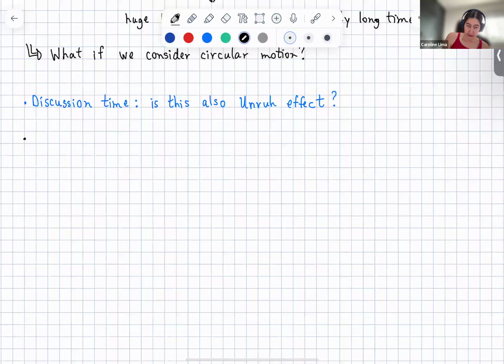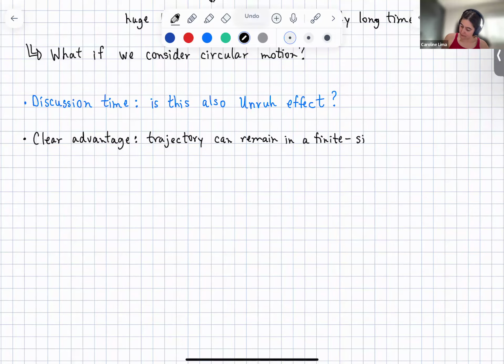So let's type some comments about this. We have a clear advantage, which is that we can implement this in a lab. The trajectory can remain in a finite size lab for arbitrarily long times.